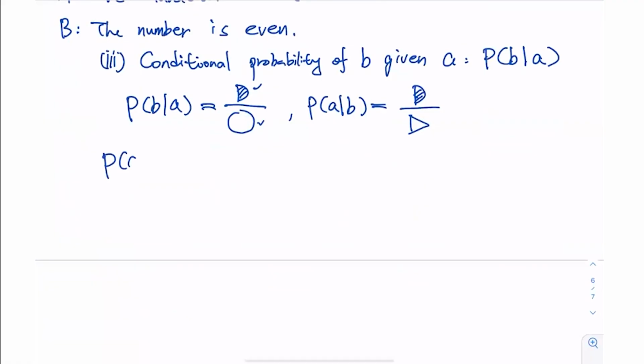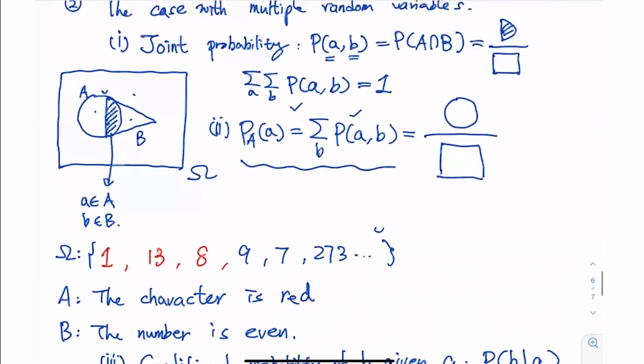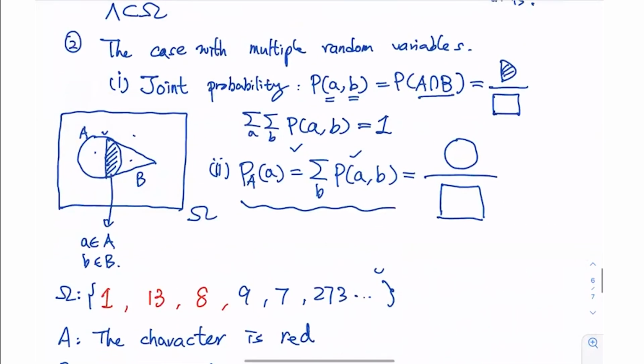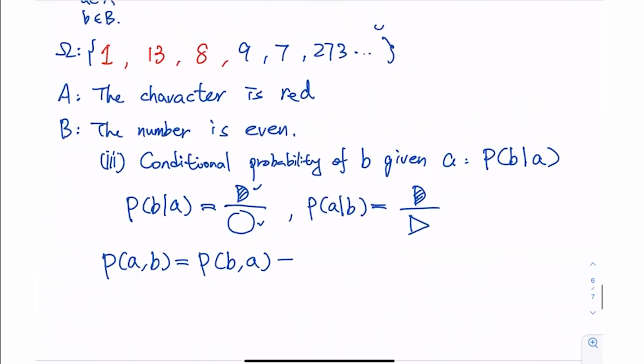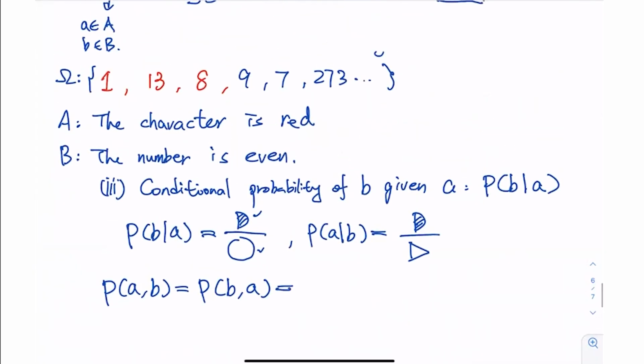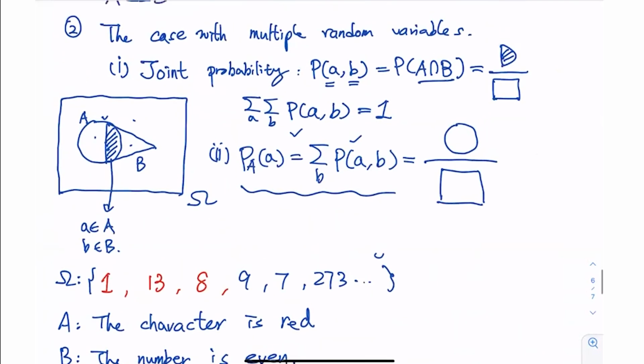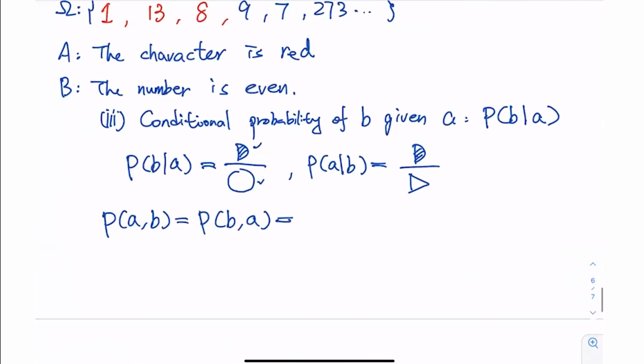Another relatively simple observation is that the joint probability of AB is equivalent to the joint probability of BA. That's because the intersection is basically a commuting operation. So we can ask what that is, and as we already drew, this is this shaded region divided by event space omega.